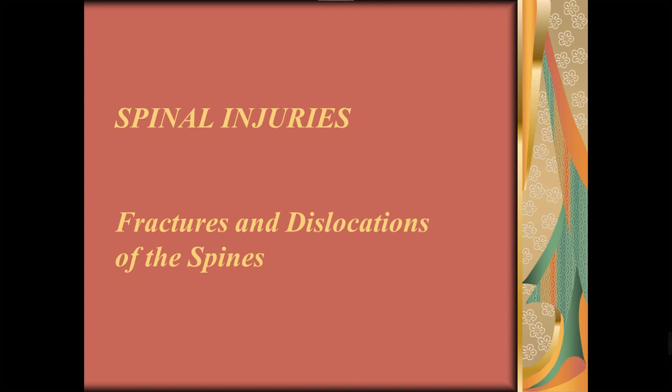But fractures occur at the junctions of the mobile spines, I mean by the mobile spines, the cervical and the lumbar spines. The junction between the cervical and thoracic spines and the junction between thoracic and lumbar spine are the most vulnerable areas for spinal traumas, including fractures and dislocations.